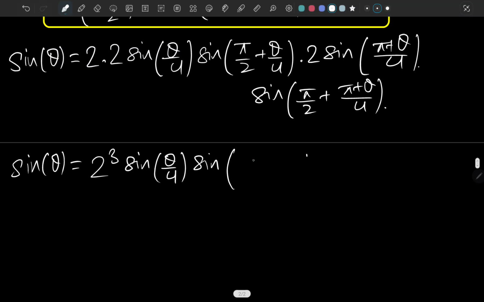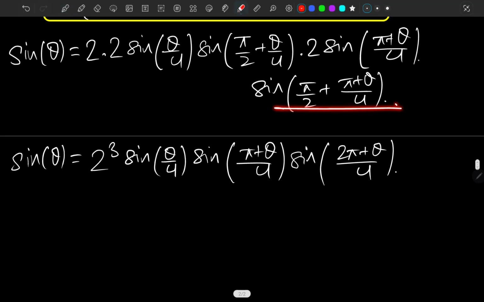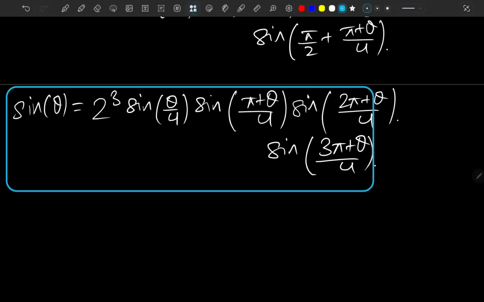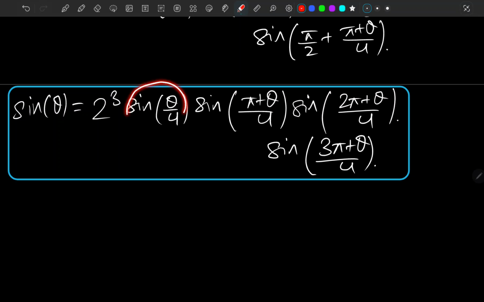So it's sine of pi plus theta over 4 times sine of 2 pi plus theta over 4, and then this one can be written as sine of 3 pi plus theta over 4. So we have this much here, and again we can factor these four things out: sine theta over 4, sine pi plus theta over 4, sine 2 pi plus theta over 4, and sine 3 pi plus theta over 4.